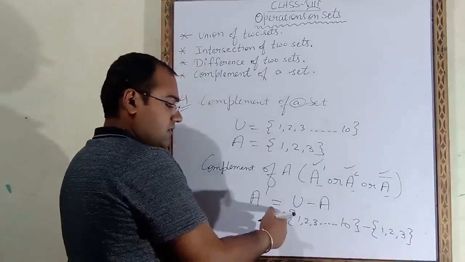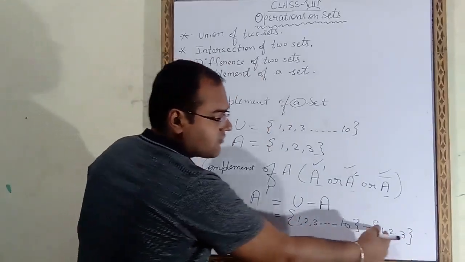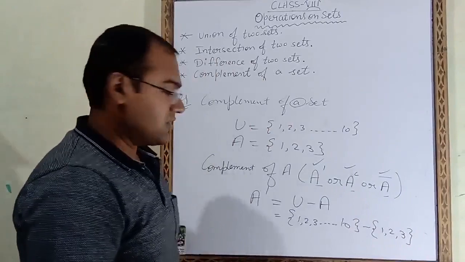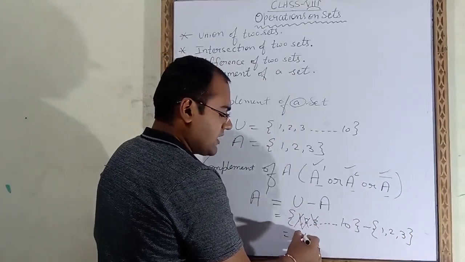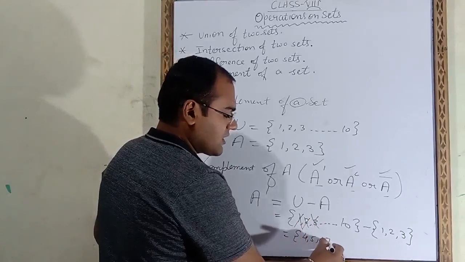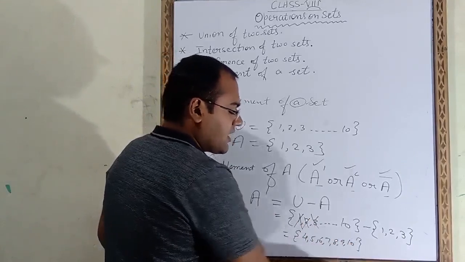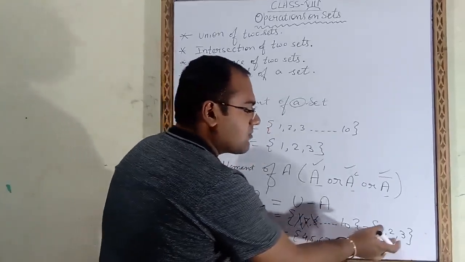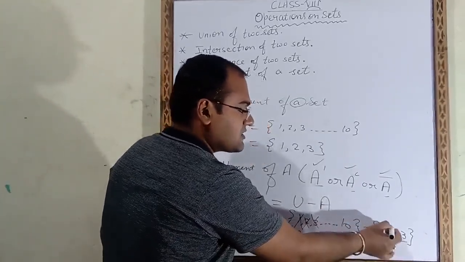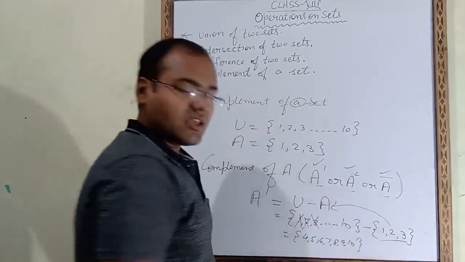That means from universal we have to remove 1, 2 and 3. So 1 we will remove, 2 we will remove, 3 we will remove. Remaining elements are 4, 5, 6, 7, 8, 9 and 10. And what we observe here is that these 4, 5, 6, 7, 8, 9, 10 are not coming in this set. And what is this set? This set is A set.